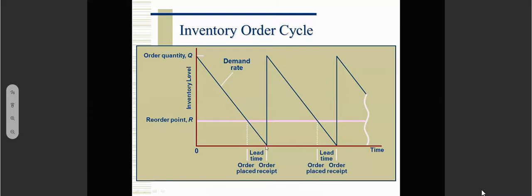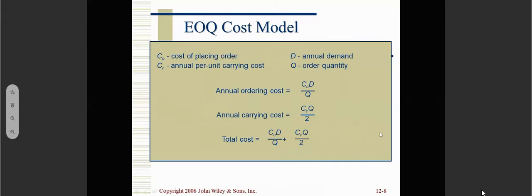When the inventory reaches zero quantity here, we assume that the order we placed at the R point is received all at once, and automatically the level of inventory increases back to the maximum level of inventory. And this cycle repeats over time.